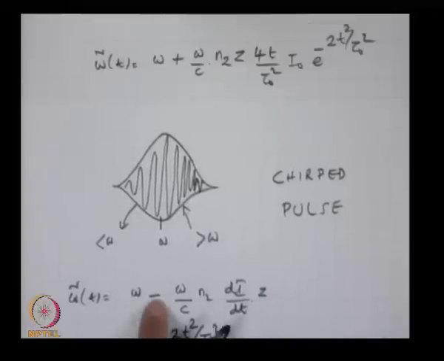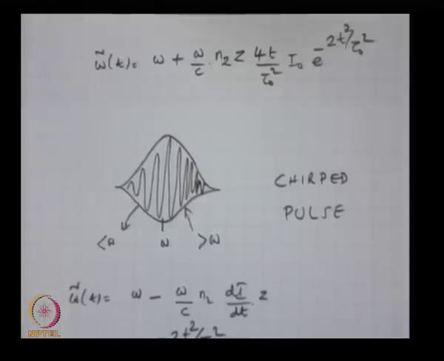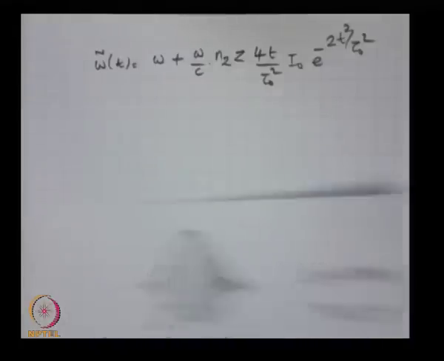This minus sign with the minus sign here becomes plus omega by c n2 into z into 4t by tau naught square I naught exponential minus 2t square by tau naught square.